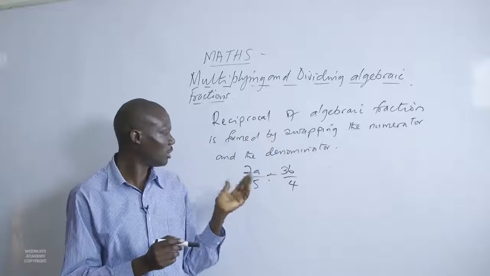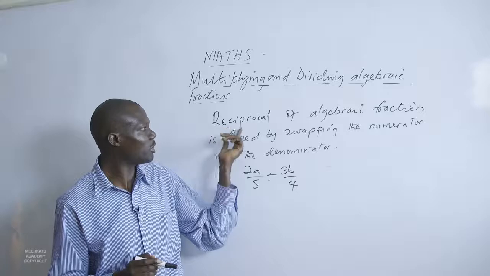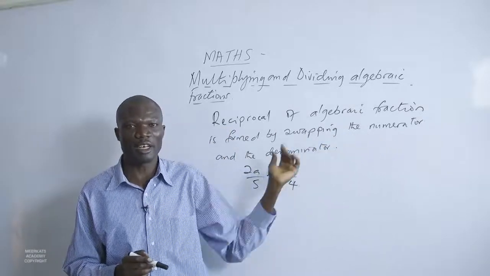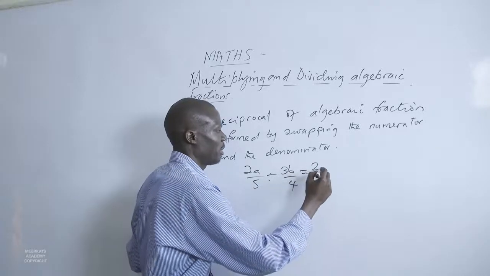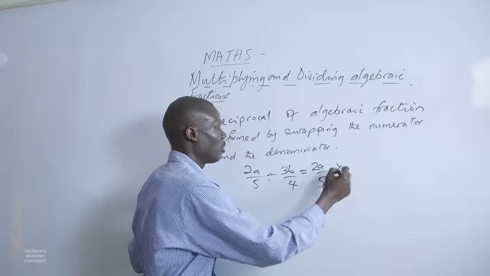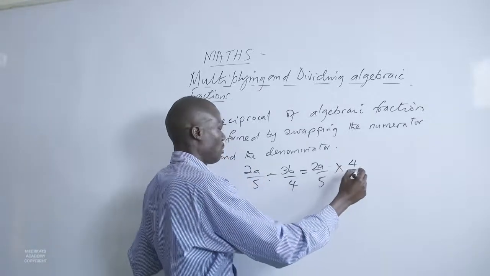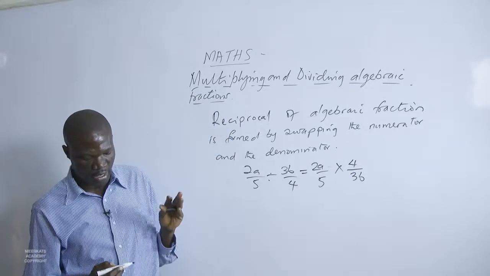Look at the rule. We are dividing algebraic fractions, so the reciprocal of an algebraic fraction is formed by swapping the numerator and the denominator. So the first fraction remains. I'll maintain that. Then multiply by the reciprocal. If you swap this, it will be 4 over 3b. That is what I wanted to show.